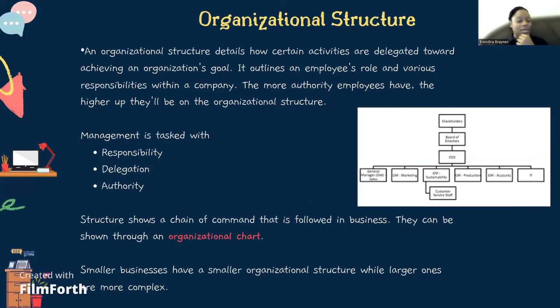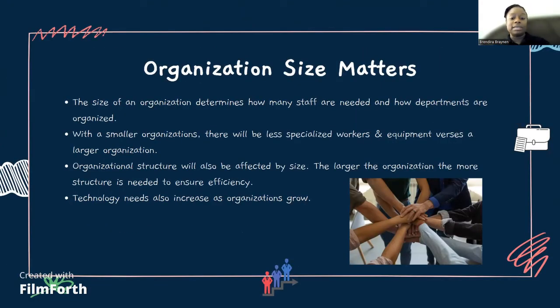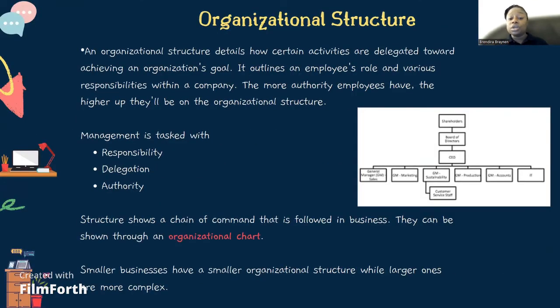Let's look at organizational structure. Now, previously we said organizational structure will affect the size of a company. Organizational structure just talks about how certain tasks are delegated to help a company do what it's supposed to be doing.